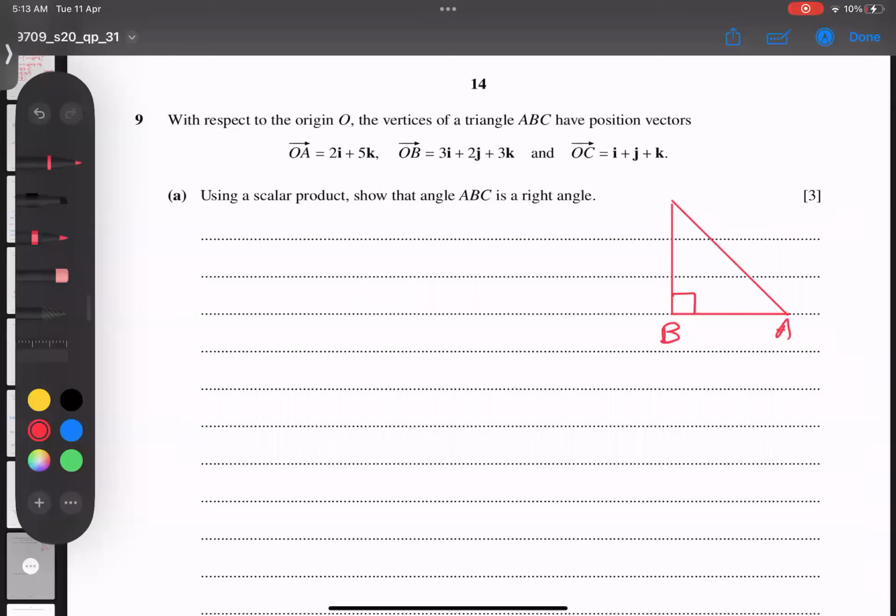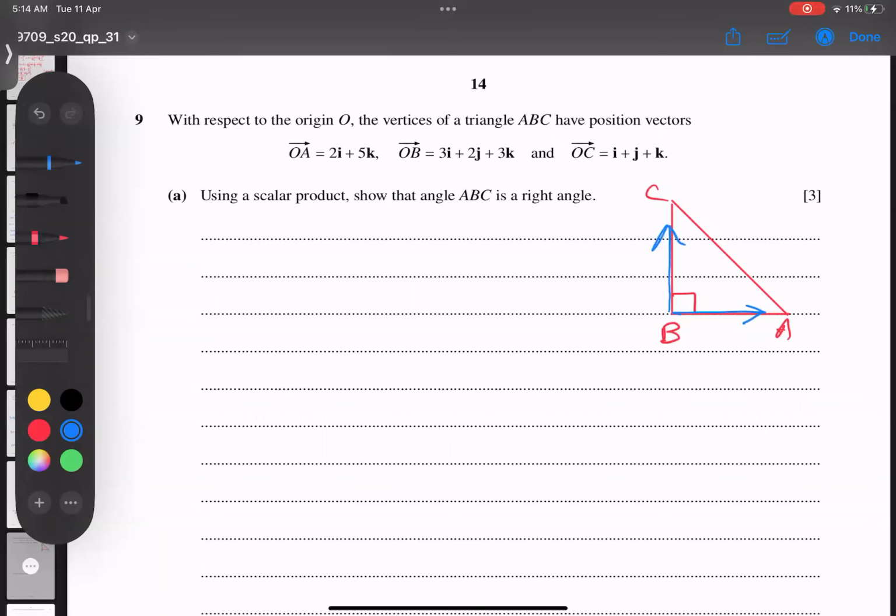You can write A, B and C. How to prove it? We have a special product called the scalar product, or the dot product. But first of all, we need what? The BA vector and the BC vector.